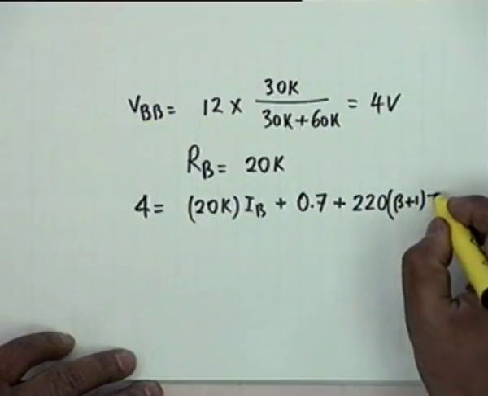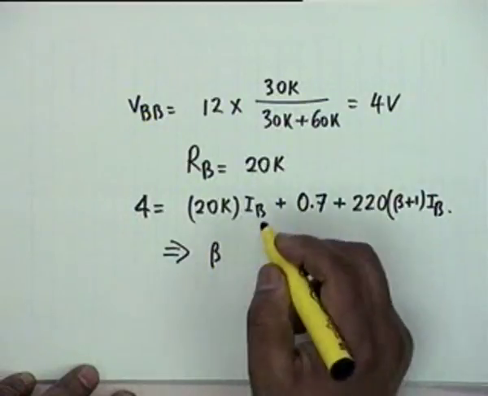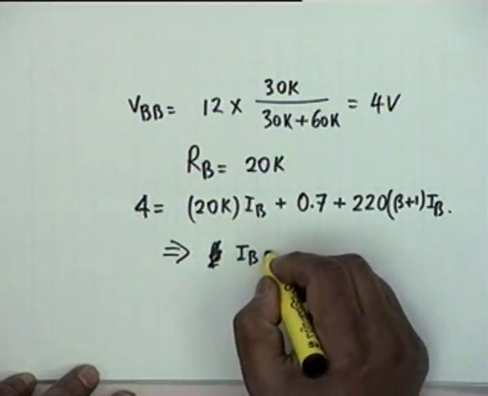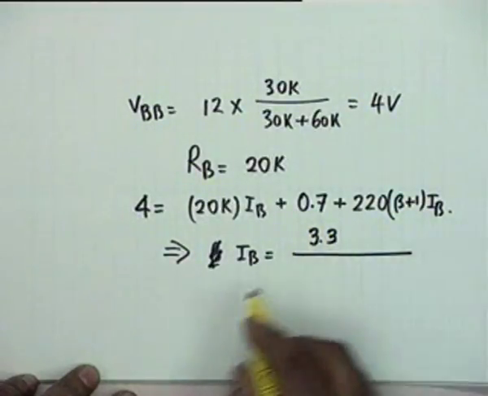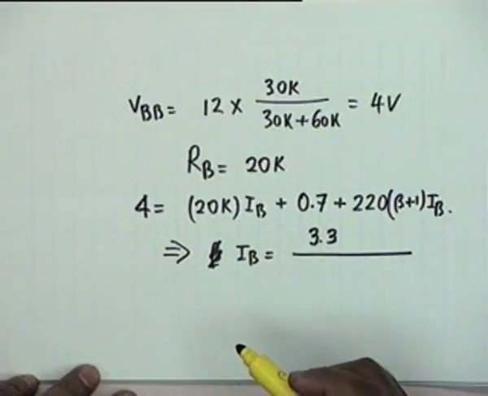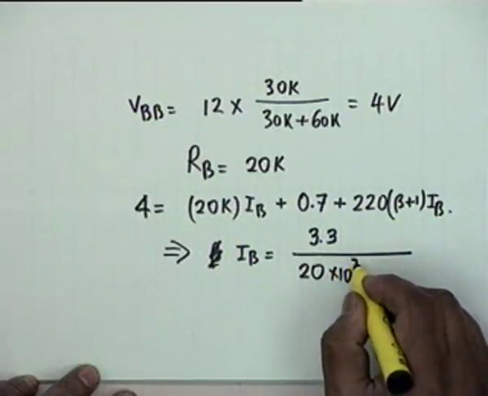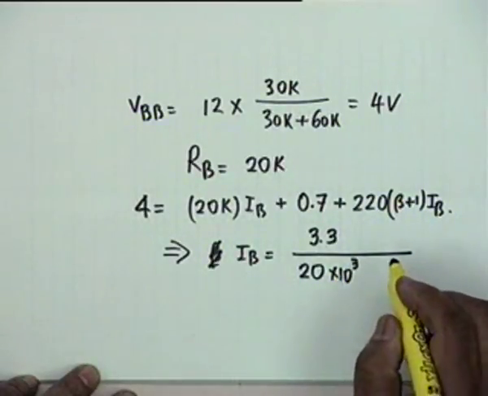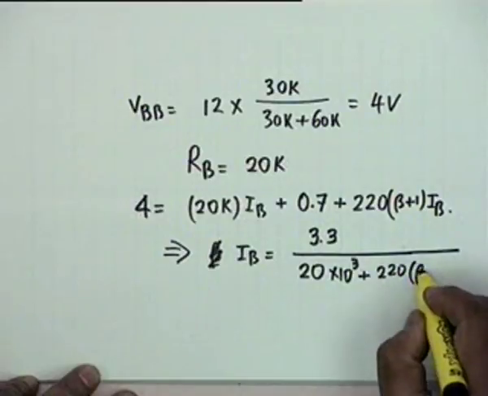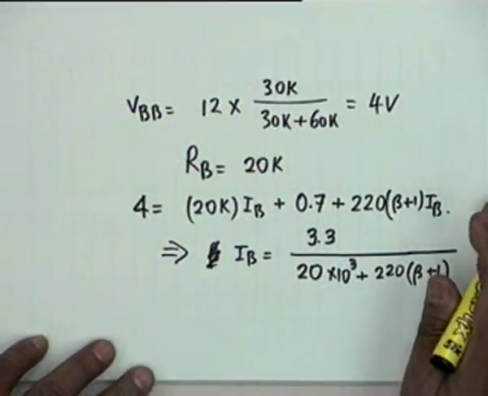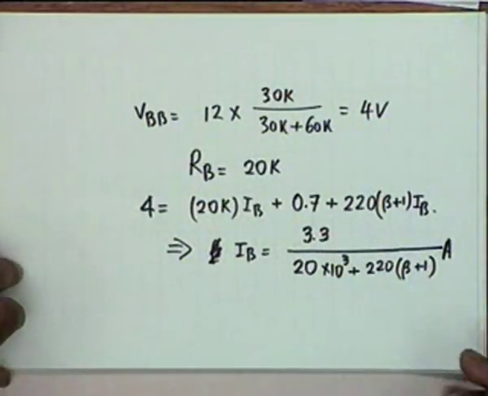Beta plus 1 multiplied by I sub B, which gives me IB as equal to 3.3 divided by 20 K plus 220 multiplied by beta plus 1, so many amperes now, because I have converted kilo to ordinary ohms.